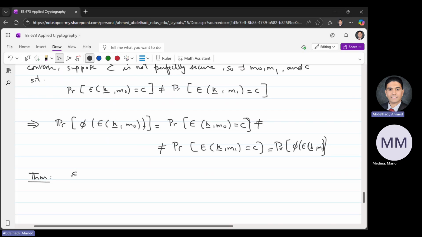So let's say we still have the cipher E and D, a Shannon cipher defined over K, M, C, which is again the sets of the keys, the messages, and the ciphertexts.